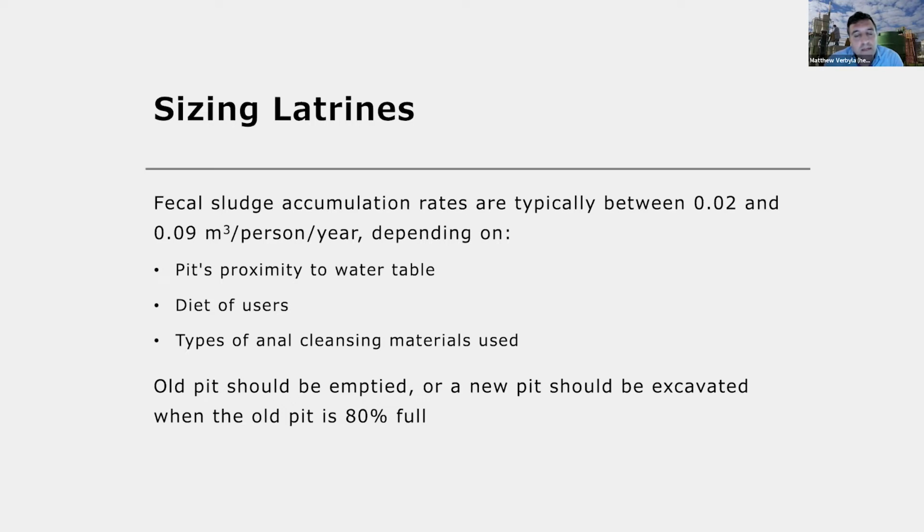However, it depends on the pit's proximity to the water table. It depends on the diet of the users and the type of anal cleansing materials that are used or other materials that may be disposed of inside the pit, which may cause it to fill up faster or fill up slower, depending on people's habits.